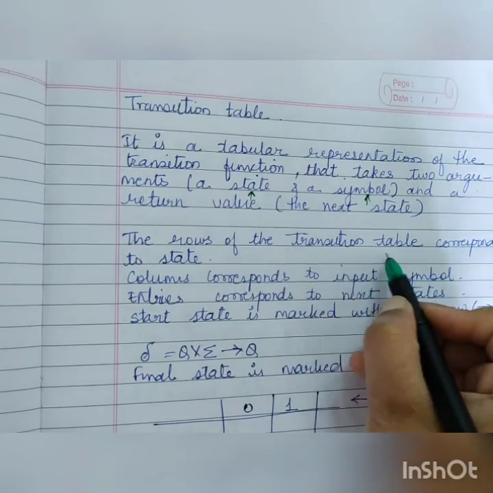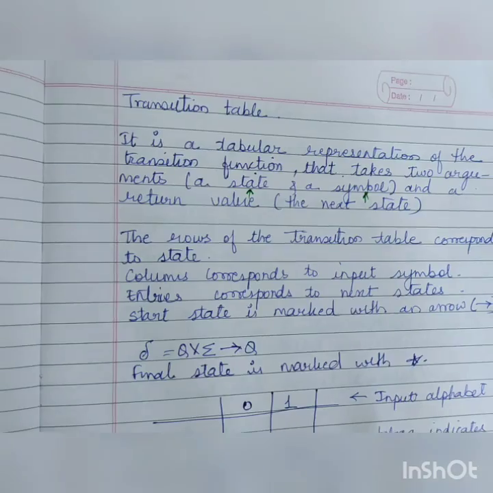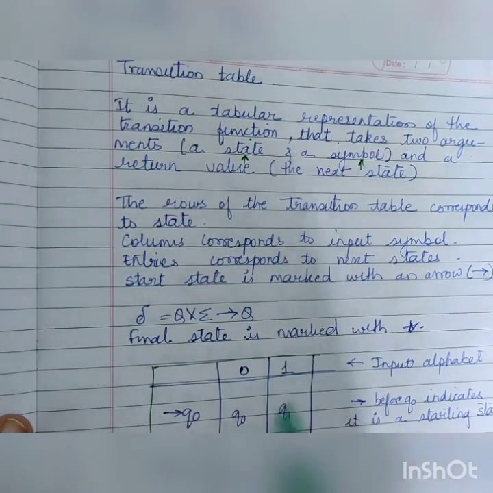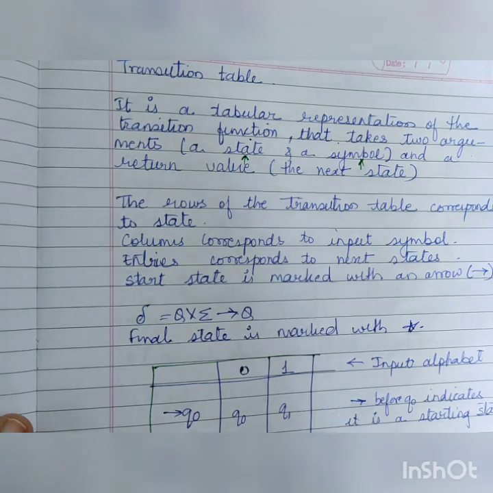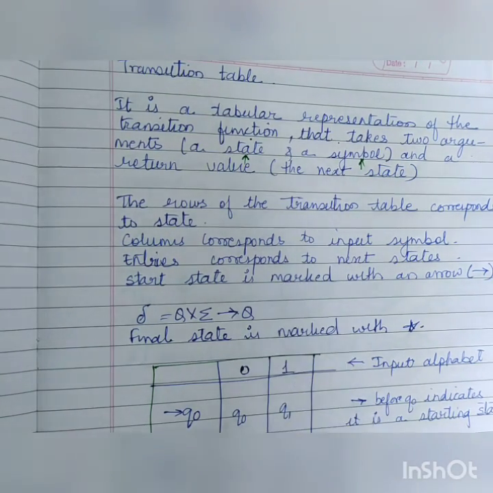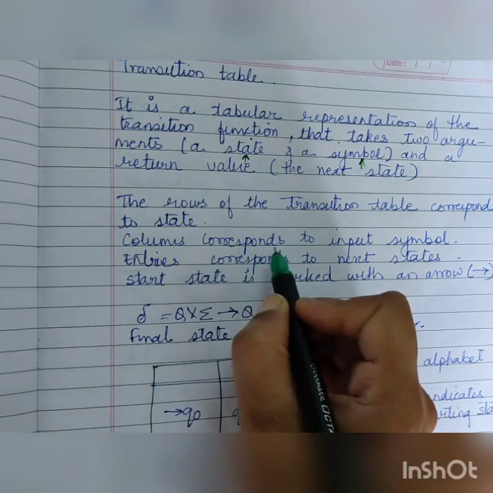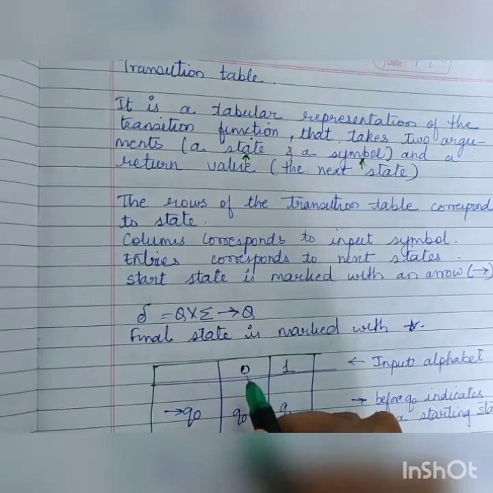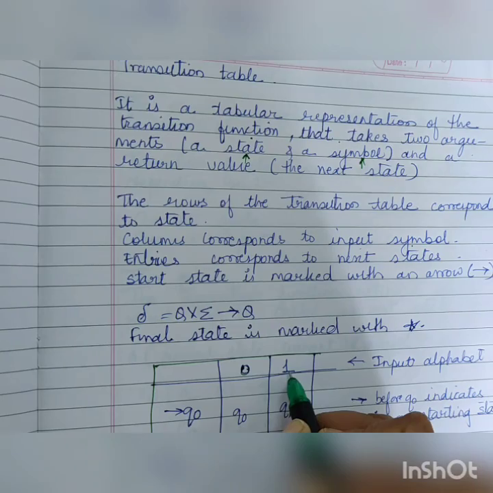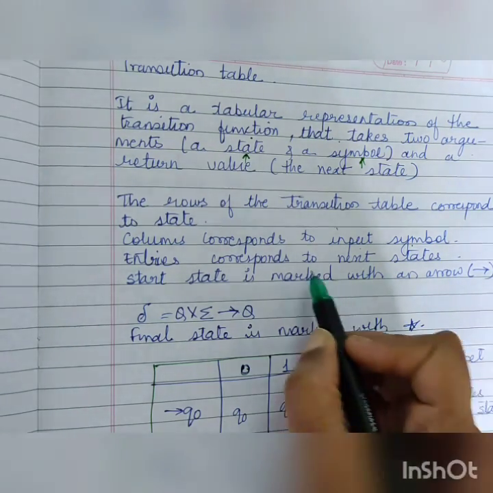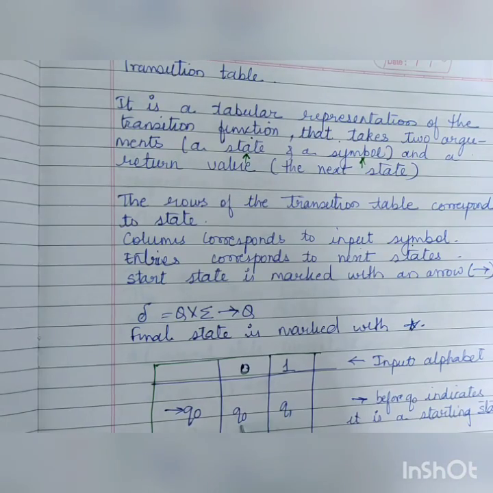The rows of the transition table correspond to the states, whereas the columns correspond to the input symbols. So 0, 1 are the input symbols, and the entries correspond to the next state.